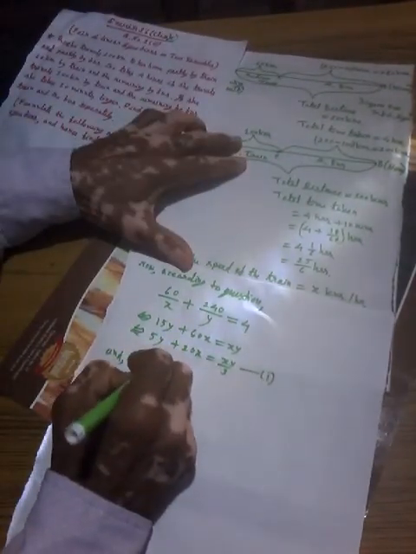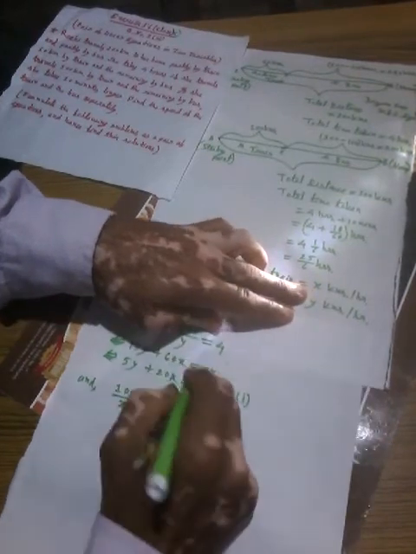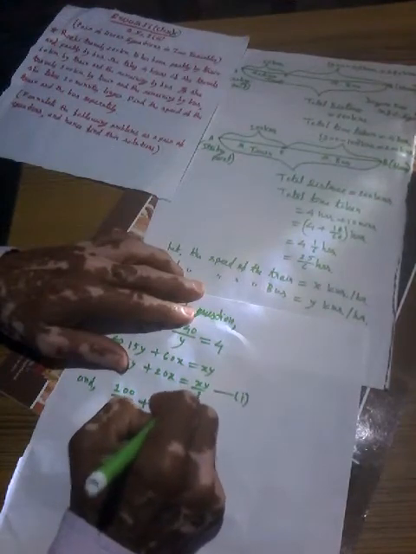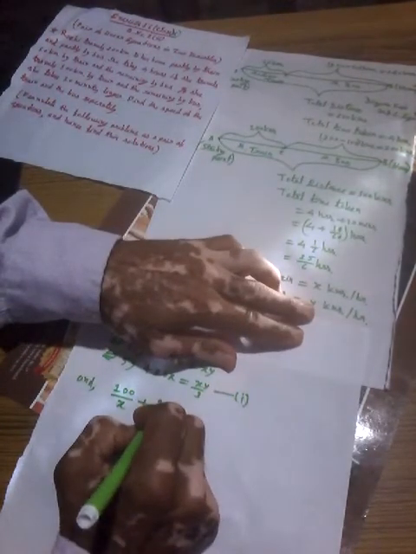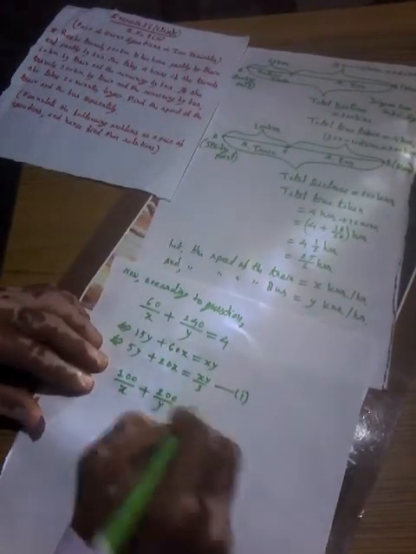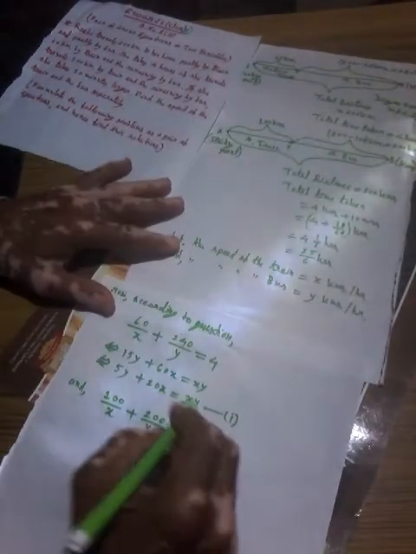100 by x plus 200 by y. We are combining the time periods taken by Rochi, which gives us a total time period of 25 by 6 hours.